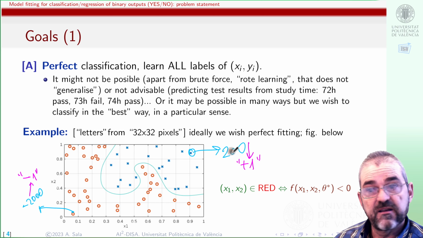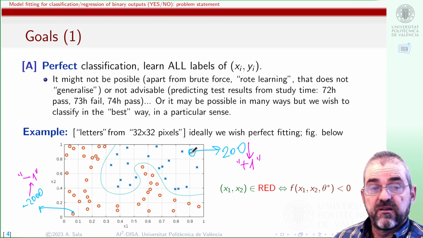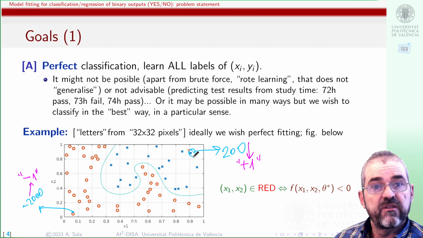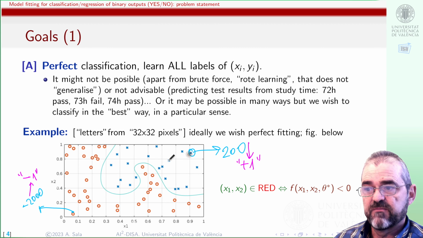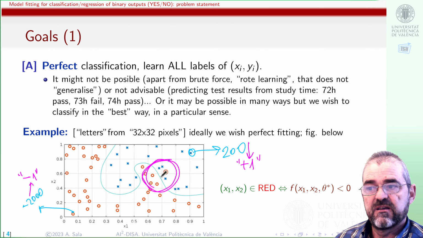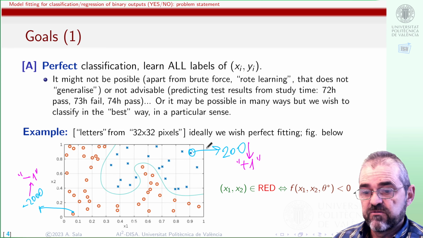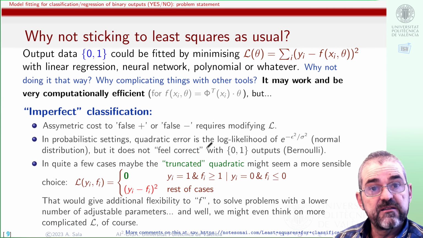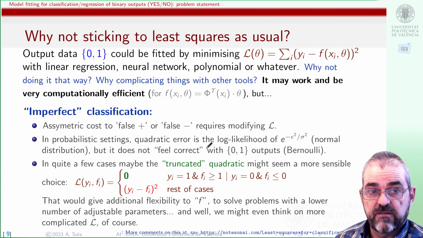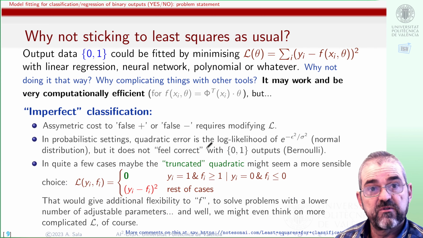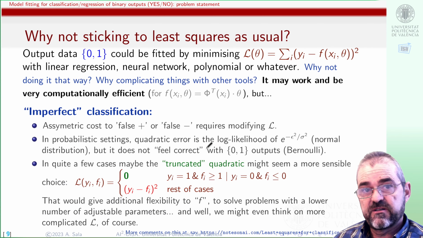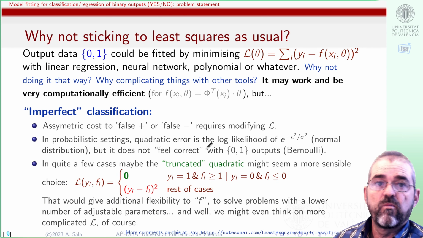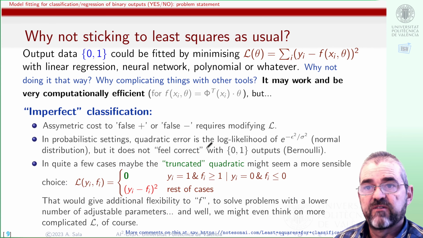It's a 199 penalty error. So in order to push down the fit to the least squares loss function here, it may spoil accuracy in here. So using truncated least squares, that in some cases can be solved via quadratic programming, can be a way to allow a better classification accuracy with simple model functions f.